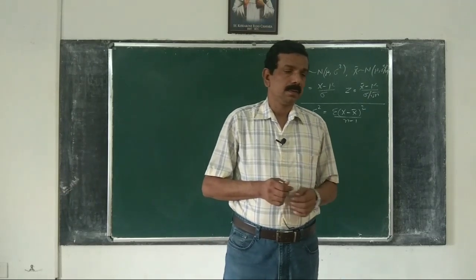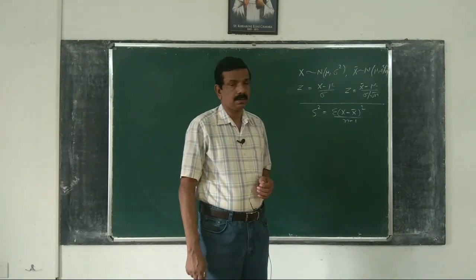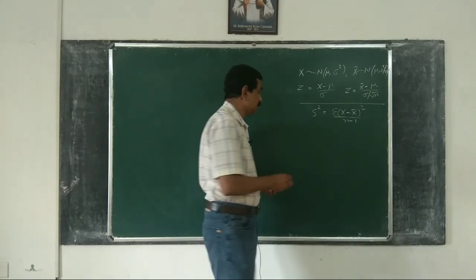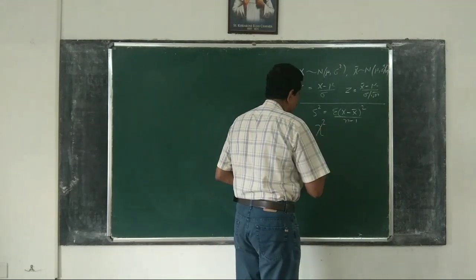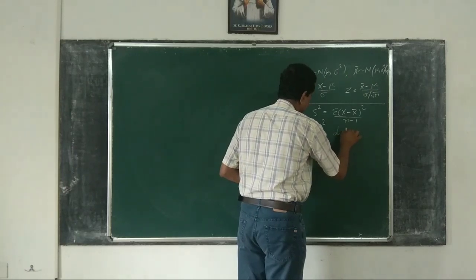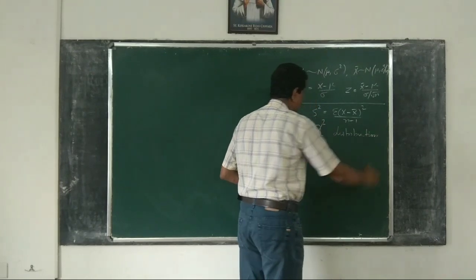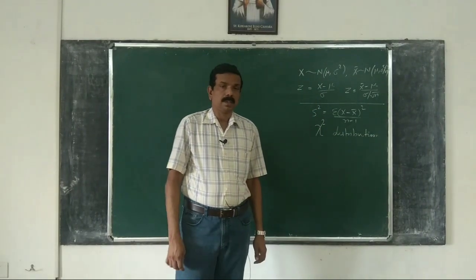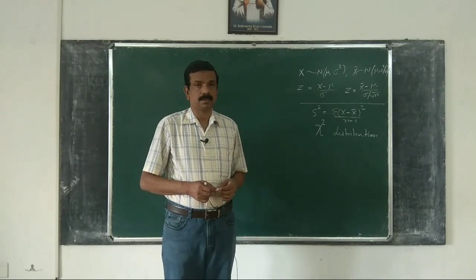To derive the sampling distribution of such squared quantities, we use the chi-square distribution. So the chi-square distribution is used to derive the sampling distribution of squared quantities.